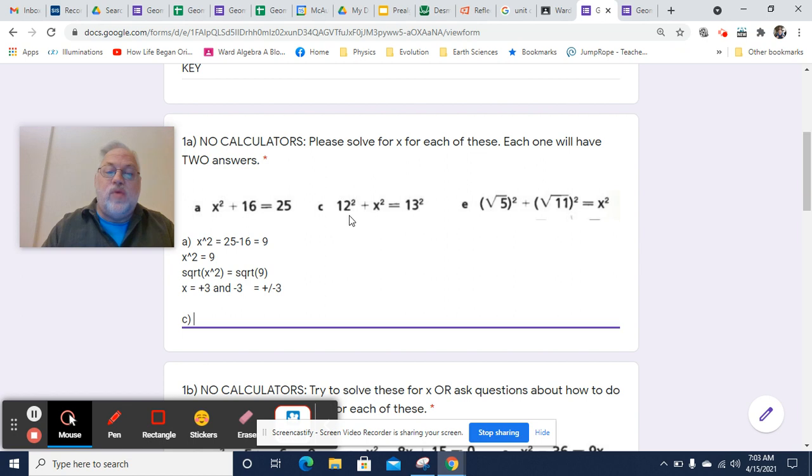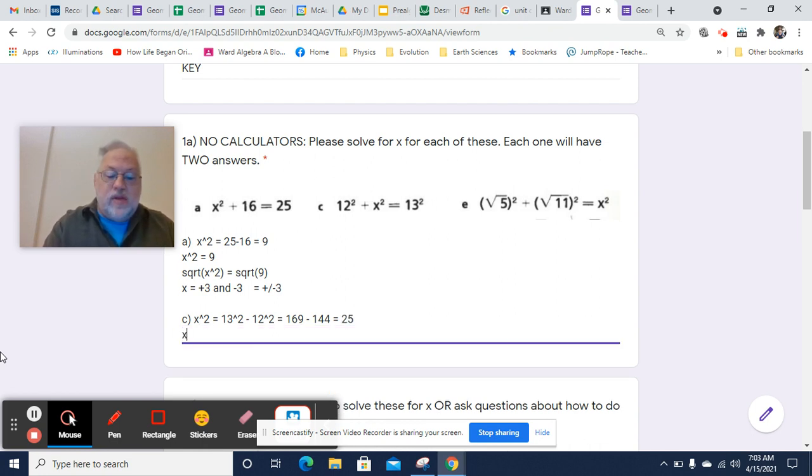So now we're going to take 12 squared plus x squared equals 13 squared. And we're going to isolate x squared. So we're going to subtract 12 squared from both sides. So x squared will now equal 13 squared minus 12 squared. And you're going to have to work out what is 13 squared and what is 12 squared. Well, 13 squared is 169, and 12 squared is 144. And when we subtract 144 from 169, we get 25.